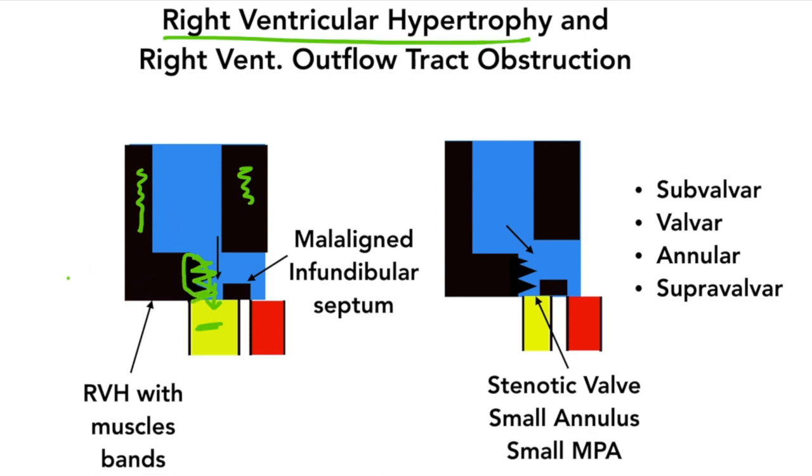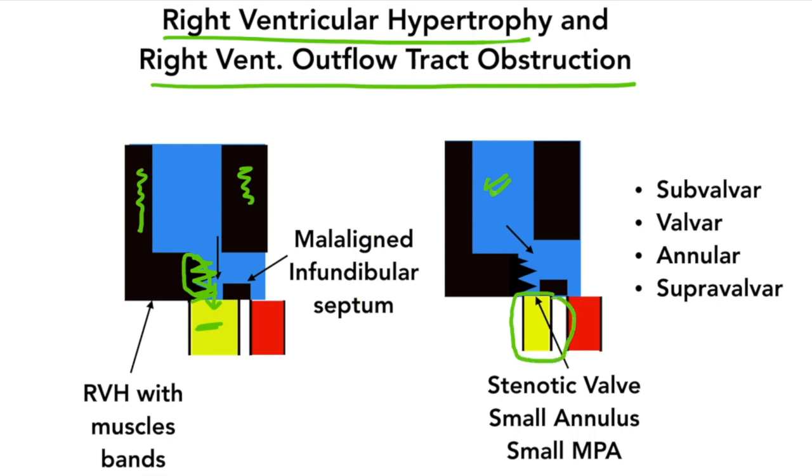So with this RVH and the muscle bands comes the next component of tetralogy, that is the right ventricular outflow tract obstruction. The basic idea is that the blood flow to the pulmonary circuit is decreased. Now the cause can be right at the source, the right ventricle, or it can be distal, that is in the pulmonary circuit.